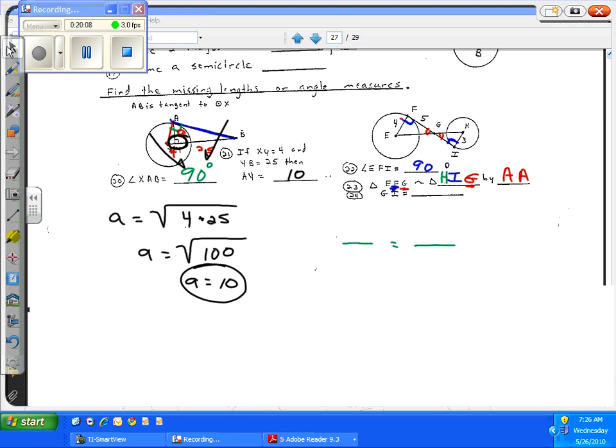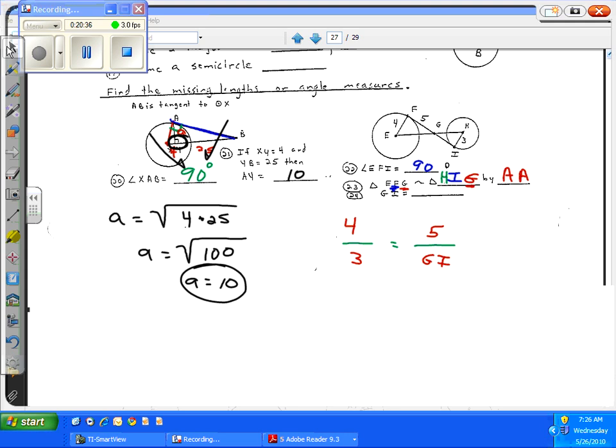So we're going to say 4 is to 3 as 5 is to GI, and get a proportion. You may say, well, how did you know that the 4 went with the 3 and the 5 went with the GI?